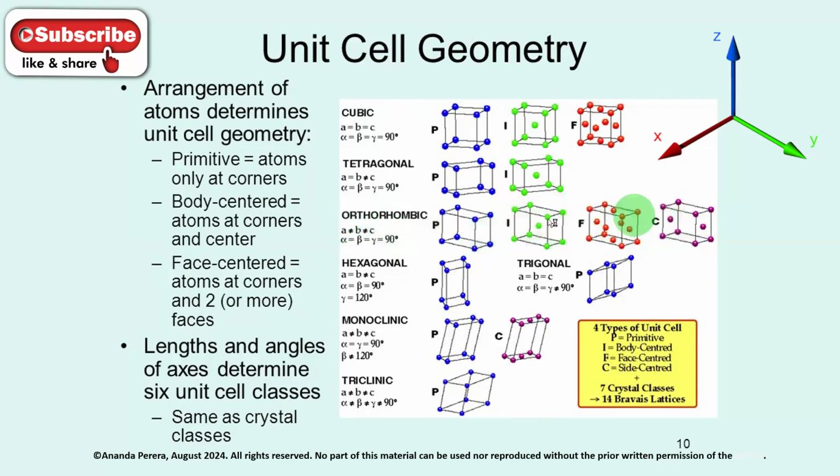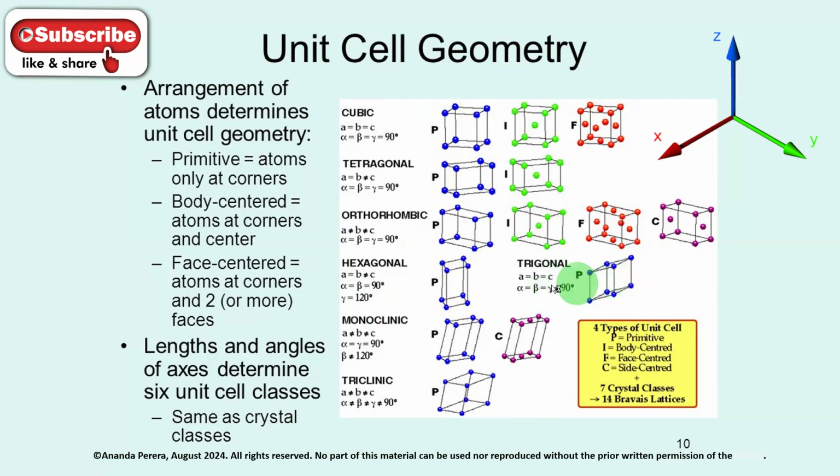Now you can understand. Hexagonal: A and B are equal but not C. C is not equal. Alpha and beta are 90 degrees and the gamma is 120 degrees. Alpha equal beta equal gamma, not equal to 90 degrees.